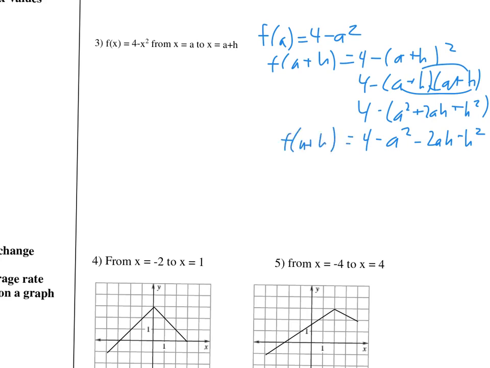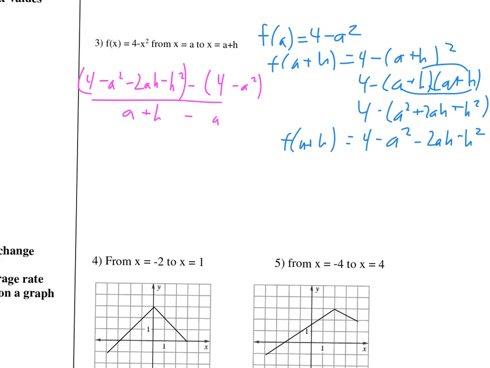All right, so now I have my f of a plus h set up as well, and so now I'm going to go ahead and do my average rate of change here, and I'll do my net change as well. So that is going to be y2, and so y2 is this whole expression right here, minus y1. So y1 was what I got when I plugged in a, all over x2 minus x1.